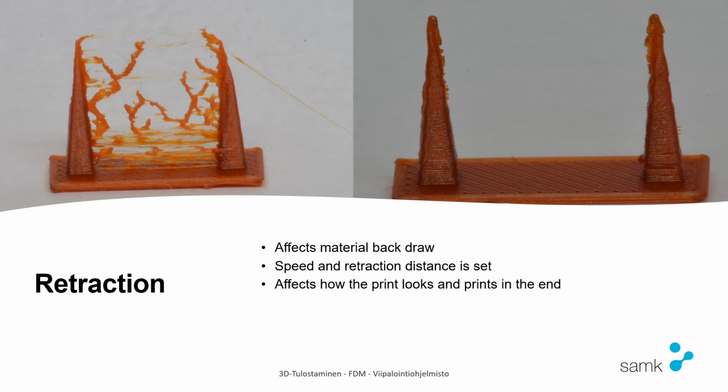It's melted plastic. There will always be plastic in the nozzle, and it will always drip. So this sucks the melted plastic from the nozzle back into the extruder and pushes it back to the nozzle once it reaches the position. So it basically affects how the print looks and how the print will succeed in the end. You can adjust the speed of the retraction itself and the retraction distance.